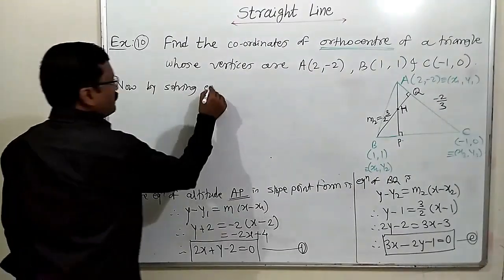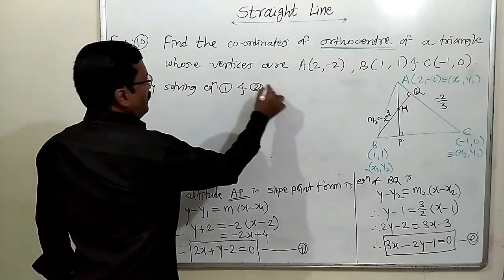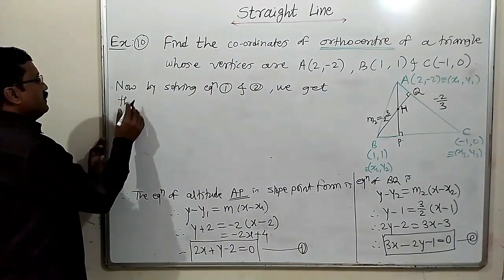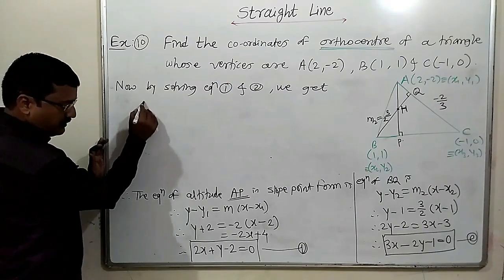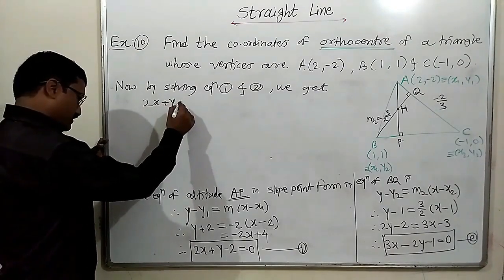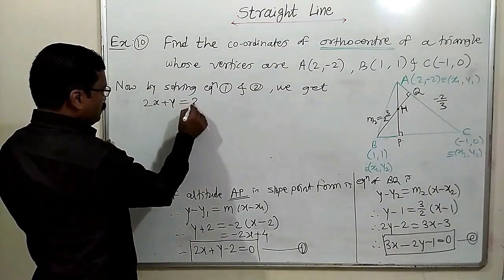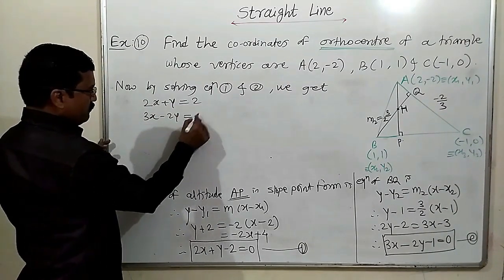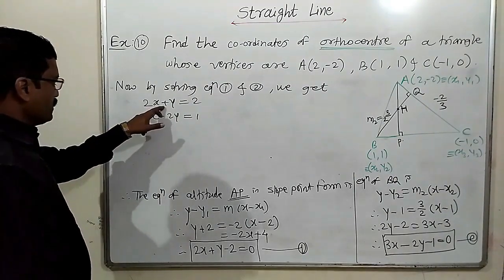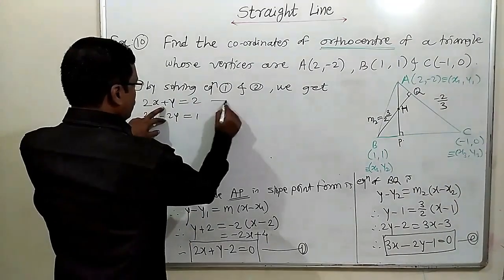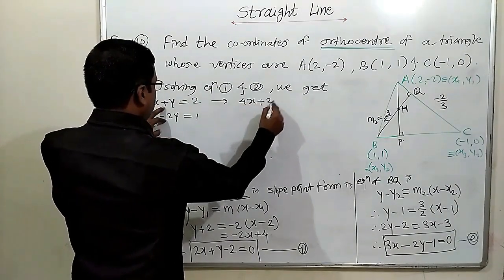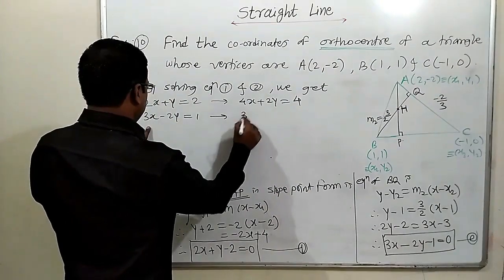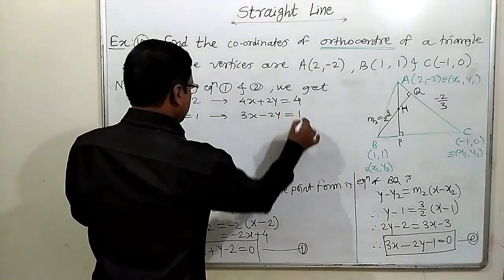So by solving equation 1 and 2, we get x plus y equal to 2, and the second equation is 3x minus 2y equal to 1. Multiply the first equation by 2, we get 2x plus 2y equal to 4, and this will be as it is, 3x minus 2y equal to 1.